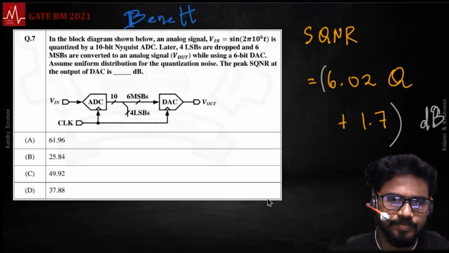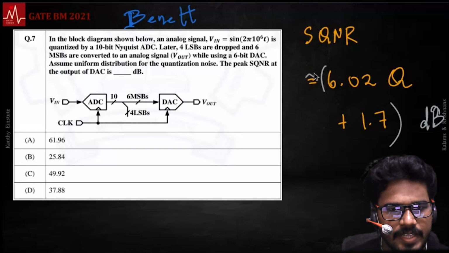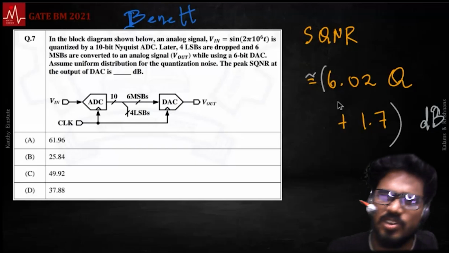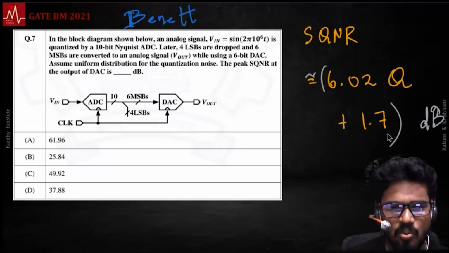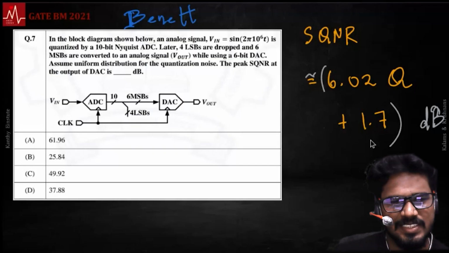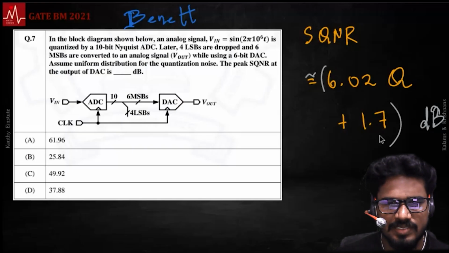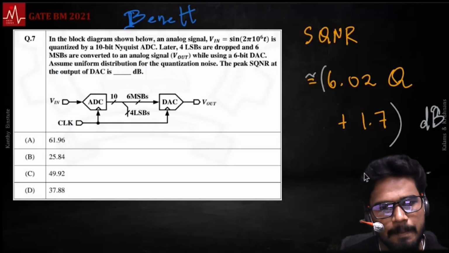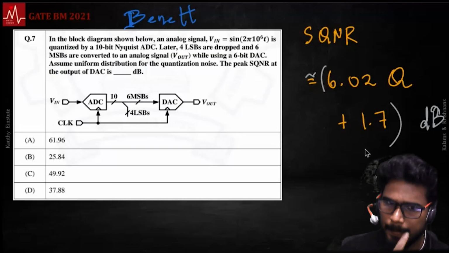Yeah, approximately this. The way that I remember it, 6.02, or the Avogadro number 6, plus 1.7. Can someone quickly suggest a mnemonic for this? 1.7, 6 and 7, right?